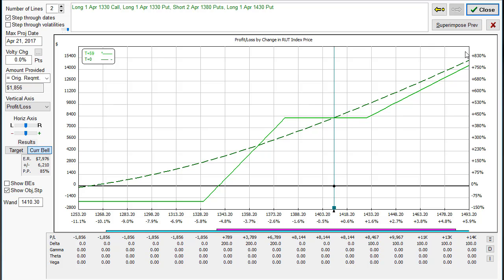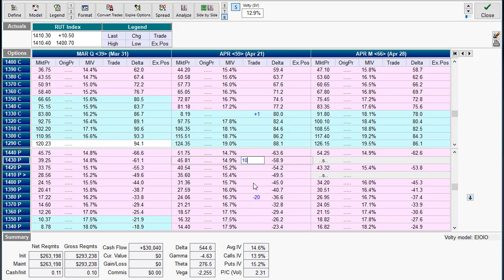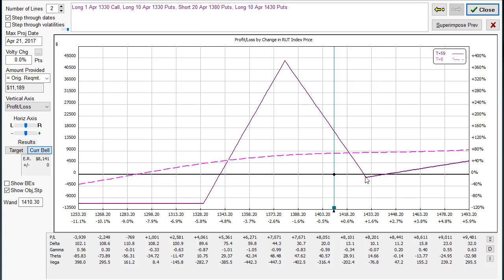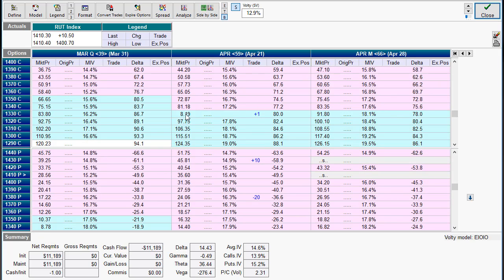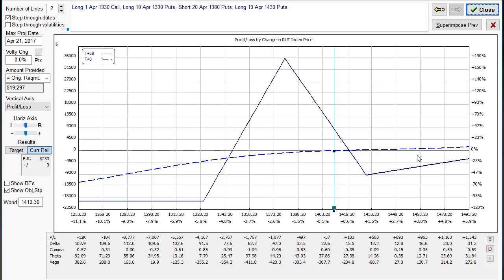Your risk profile will not look like this. Your risk profile will look like this. It's not going to be 8.19, so let's get rid of that. It's going to be 89.27. Your risk profile will look like this with the IWM and Russell call.